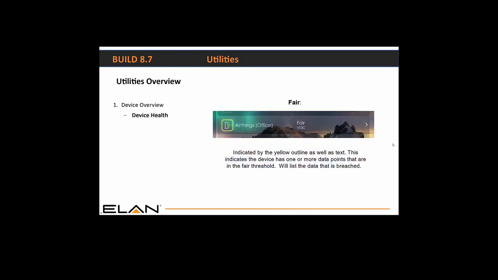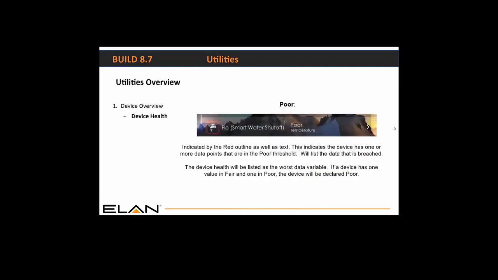So let's take a look at that real quick. In this overview, there's that one that is yellow. That yellow means that it is in a fair condition. And why is it in a fair condition? We post right there, it's fair condition, and its VOCs are high. So it's just a way to indicate something to the end user. Actually, I find that pretty useful. And red as well.